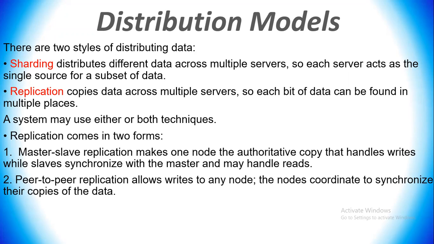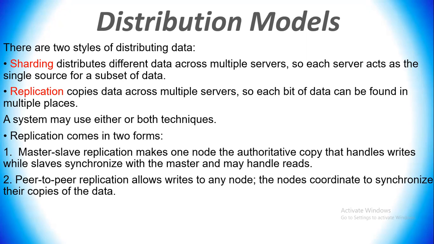Then that node will synchronize with the other peer nodes and tell them that this particular data has been updated. So there is a way of telling that, right? That is called version stamps and version vectors. That part also we will discuss today.